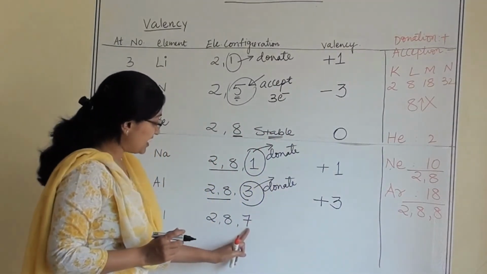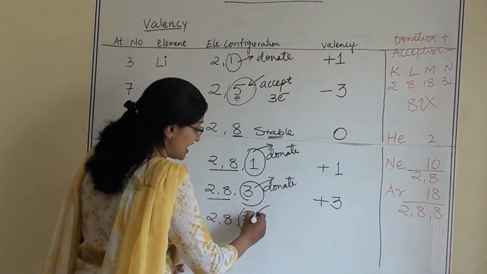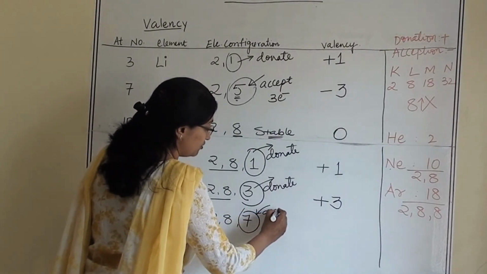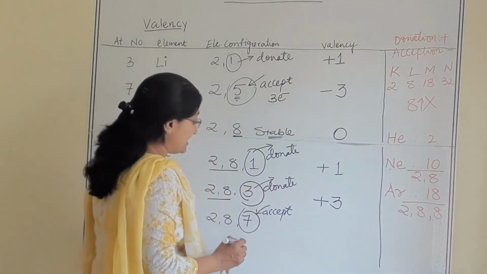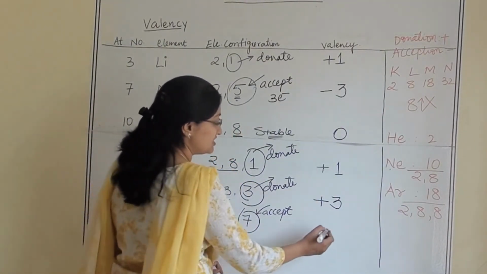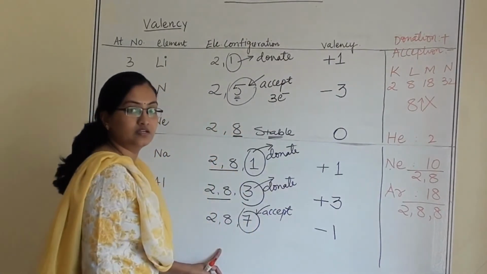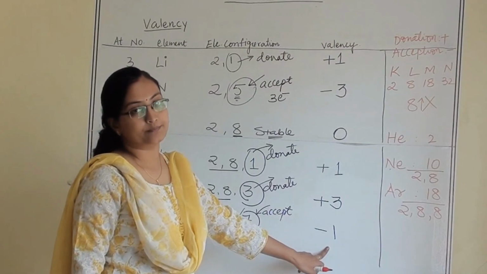If we want to make it 2, 8, 8, then chlorine has to accept 1 electron to be like argon. So when it is accepting, the charge will be minus. And how many electrons is it accepting? 1. So the valency of chlorine is minus 1.